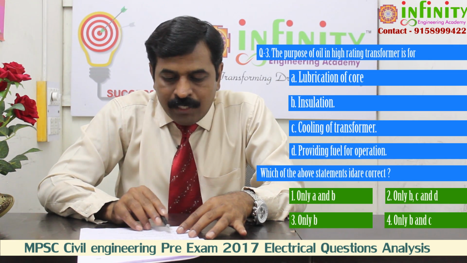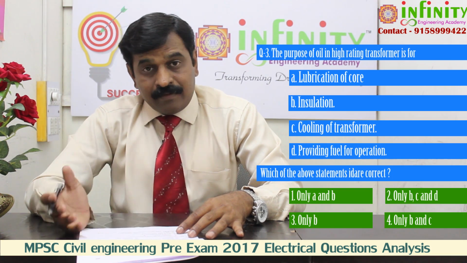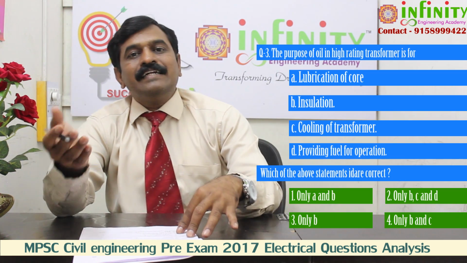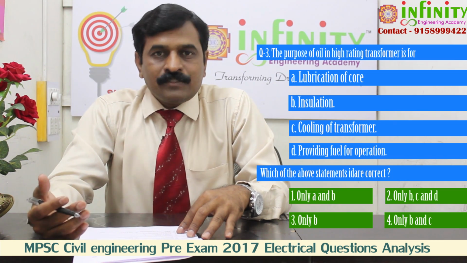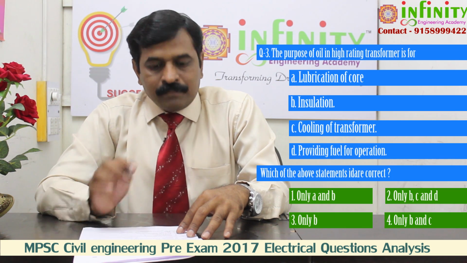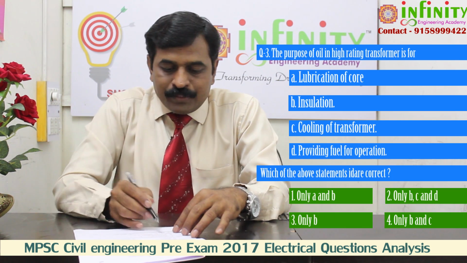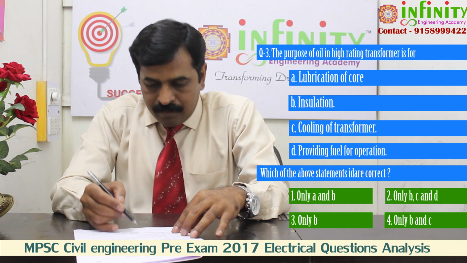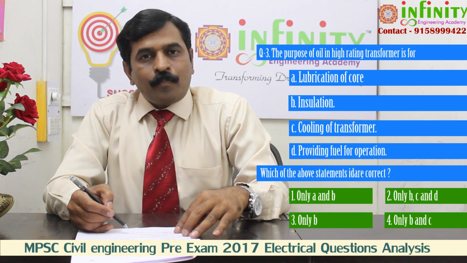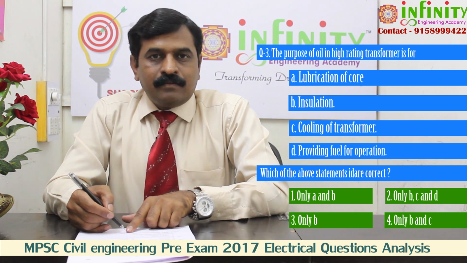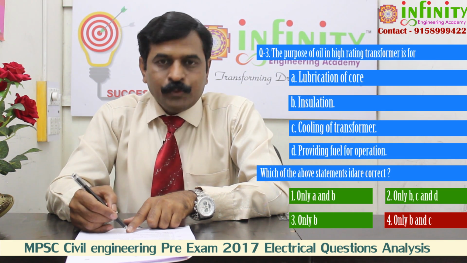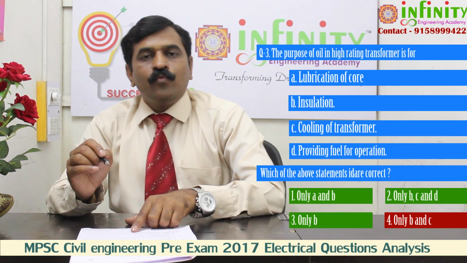Then C option is cooling of a transformer. Again, oil is used for cooling of a transformer. Whatever heat generates during the operation of transformer is cooled by using oil. So that means 2 options are correct. So you should select that correct option in that question. So here only B and C are true, and that is nothing but option 4.